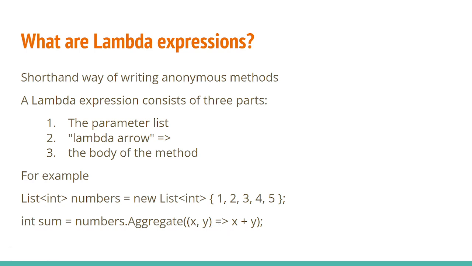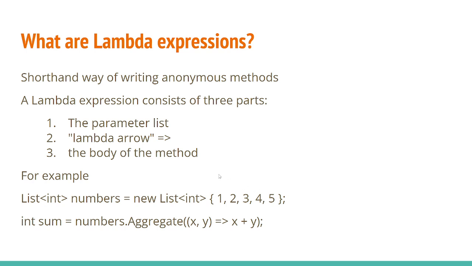The aggregate method then applies the lambda expression to each element in the number list. Then it will accumulate the result into a single value, and it will be returned and then printed.